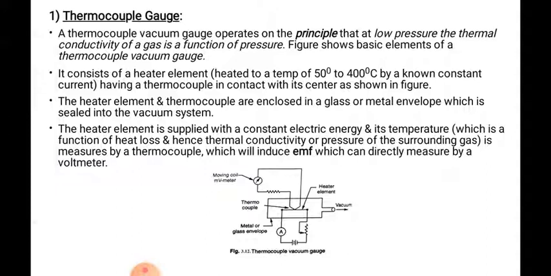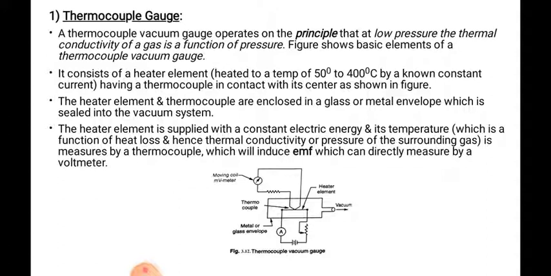Then the heater element and thermocouple are enclosed in a glass or metal envelope which is sealed into the vacuum system. The heater element is supplied with constant electric energy, and its temperature is measured by the thermocouple in terms of voltage. This will be an induced EMF, which can be directly measured by a voltmeter.